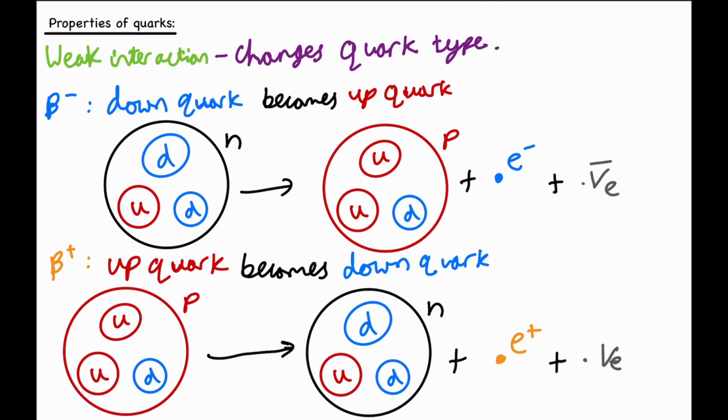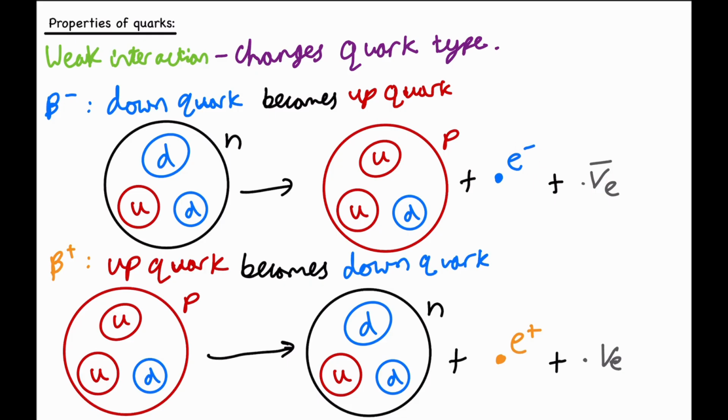So we look at the quark types, we've got down, down, up. When we go through beta decay, which is a weak interaction, we end up with up, up, down. As you can see, the quark flavors change. So a down quark turns into an up quark. These two stay the same, by the way. And you're left with the same lepton products, so the antineutrino and the electron.